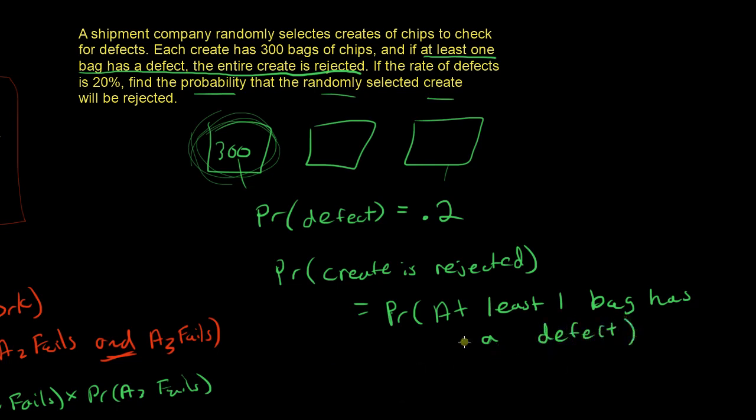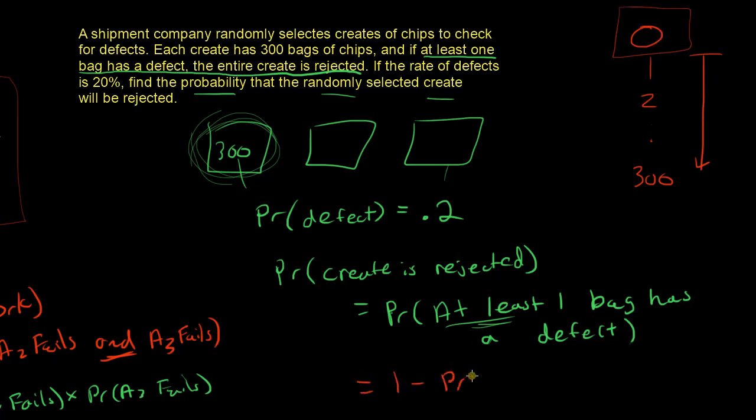So at least one out of the 300 bags in there, right? Remember, when I say at least one, we think 1 minus none, because there could be 0 bags with the defect, 1 bag, 2 bags, all the way up to all 300 having a defect. So the complement of at least one is none. So this equals 1 minus the probability of no defects.